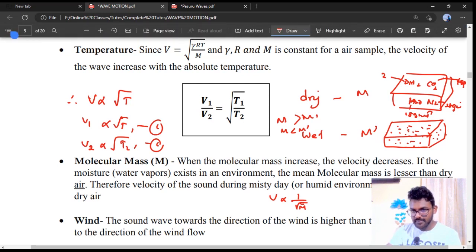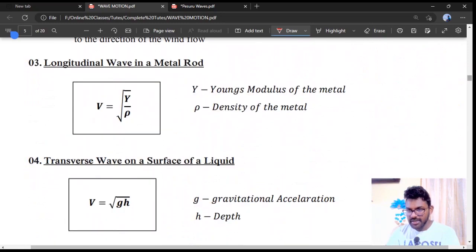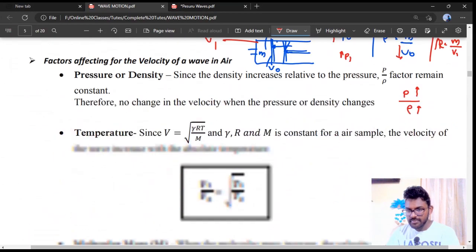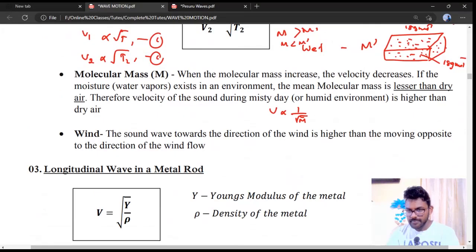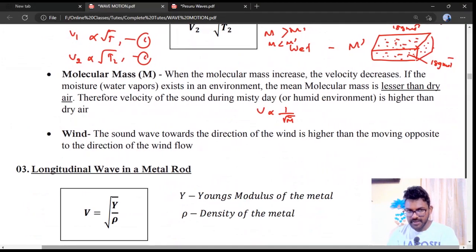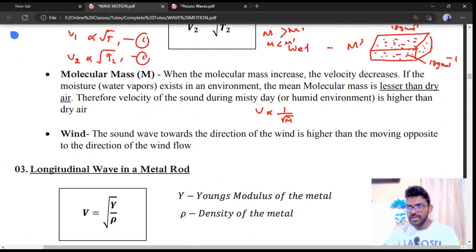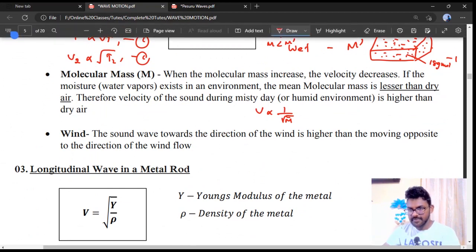But let's say you have a wet condition, like a humid condition, where you have more water molecules. If there are more water molecules, this environment consists most of the time of water, which has 18 grams per mole of molecular mass.